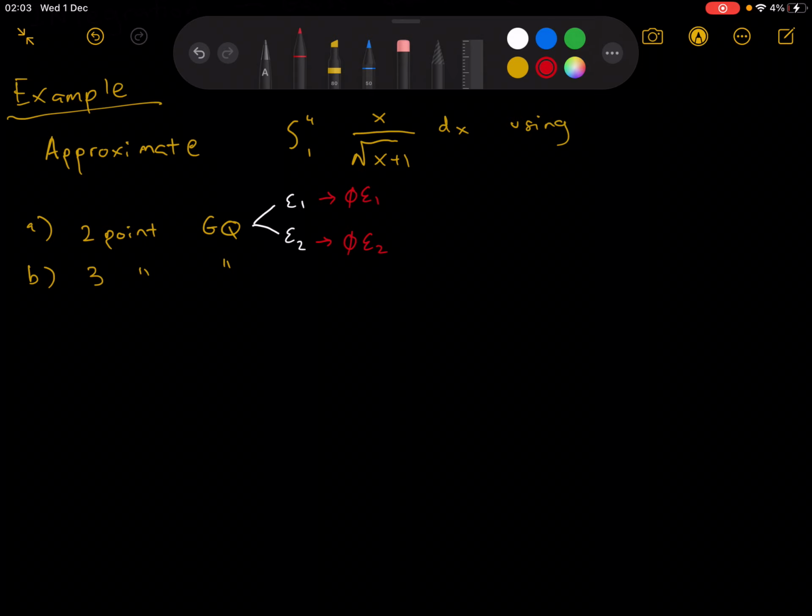And once we got the value of phi Zeta 1 and phi Zeta 2, from there we can find the I Zeta, which is a combination of R1 phi Zeta 1 plus R2 phi Zeta 2.